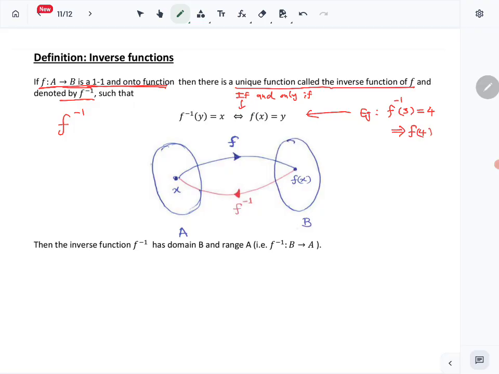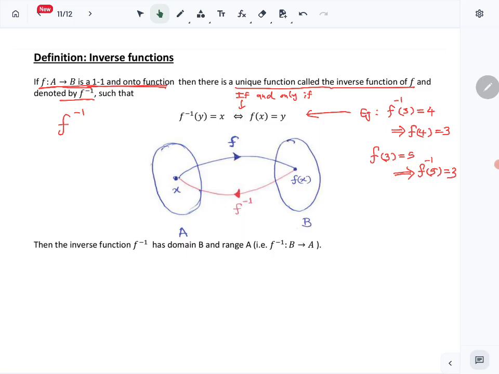Function value at 4 equals 3. Using this, f inverse of 3 equals 4 is the same as f of 4 equals 3. And similarly, if you are given f of 3 equals 5, you can write what? f inverse of 5 has to be equal to 3 using this condition again. So, right.